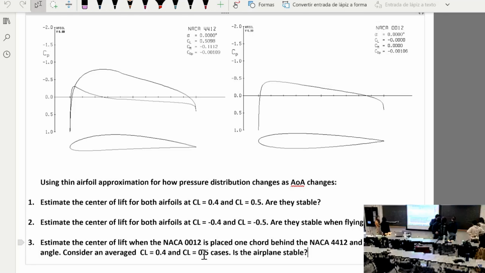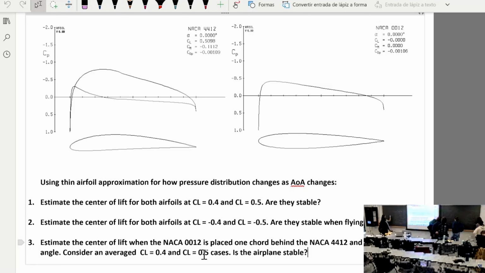Okay, but now, in this calculation, the moment is only from this airfoil and the lift is only from this airfoil. So instead, if you have the lift from both airfoils and the moment from both airfoils, then you can still use the same calculation.